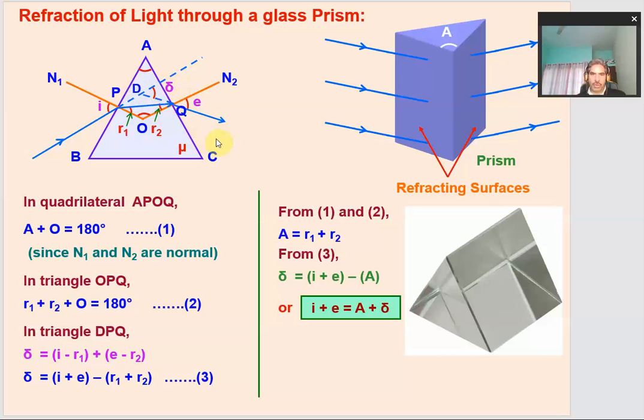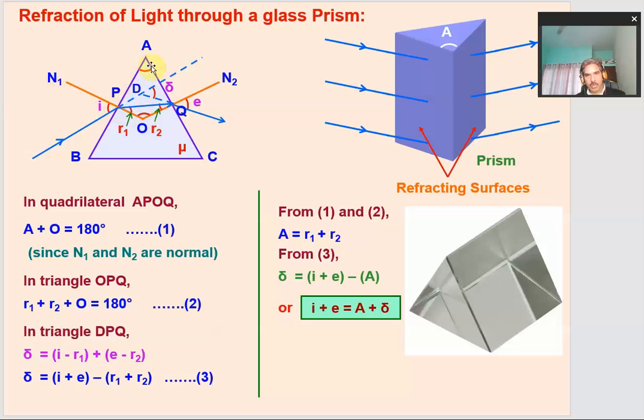For this we use the shape A, P, O, Q. This is a shape enclosed by four sides. It is a quadrilateral in which the two sides PO and OQ are at right angles. So these are the two right angles.